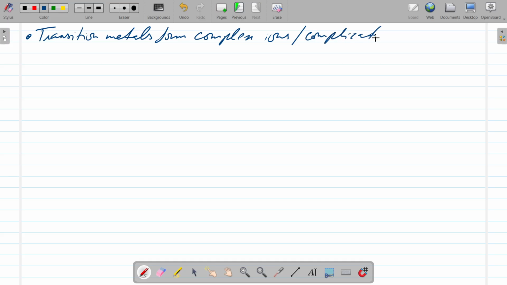And what that means is that you've got molecular ions. So you've got a molecule that is still lacking or giving up electrons, and so it's still an ion. An example of that is chromium.